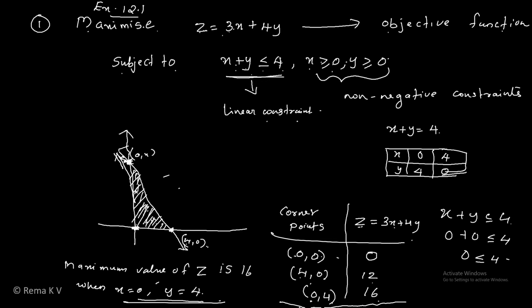The common region is called the feasible region, or solution region, and this gives the solution of the linear programming problem.